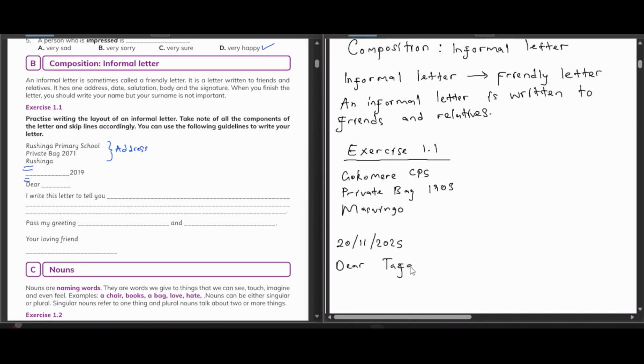So dear Tafara. Then skip another line, you start, I write this letter to tell you maybe about my holiday. I went to Chinoi Caves with my parents. I enjoyed the trip.